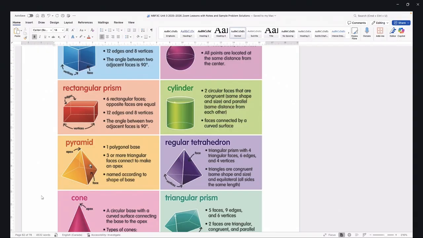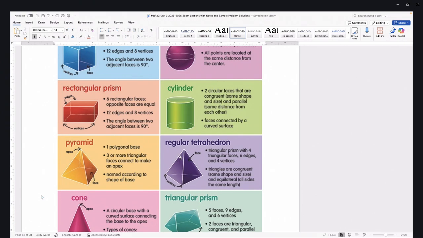So the pyramid is going to have 3 or more triangular sides, and they're all going to meet at a point at the top, and that point is called an apex. Okay, so we can have a triangular prism, which is to the right. Sorry, a triangular pyramid.